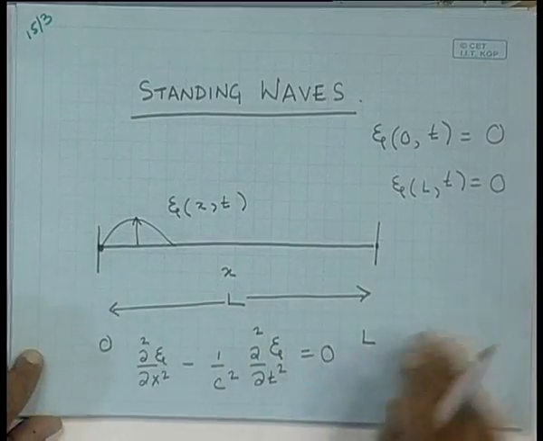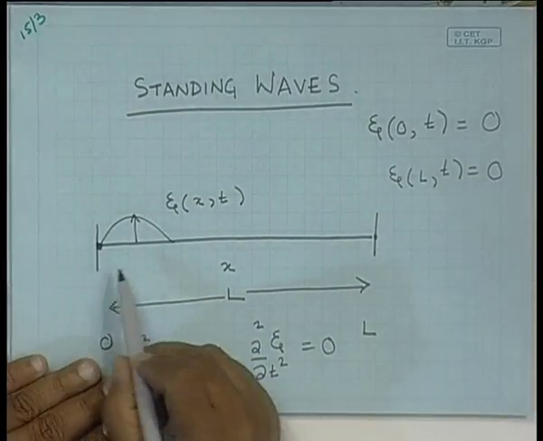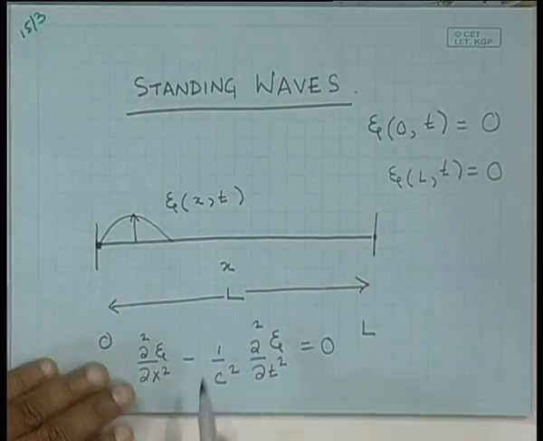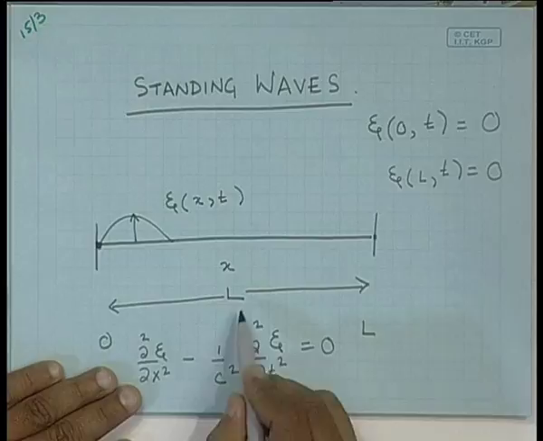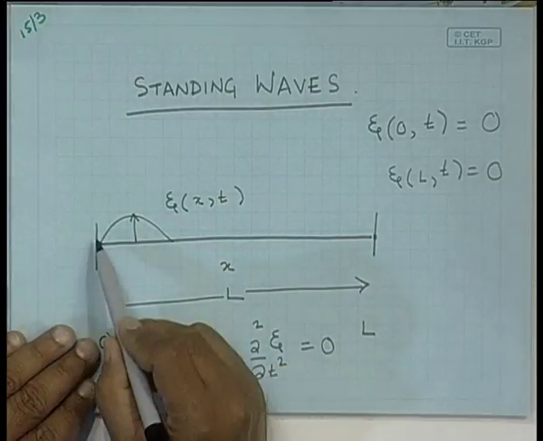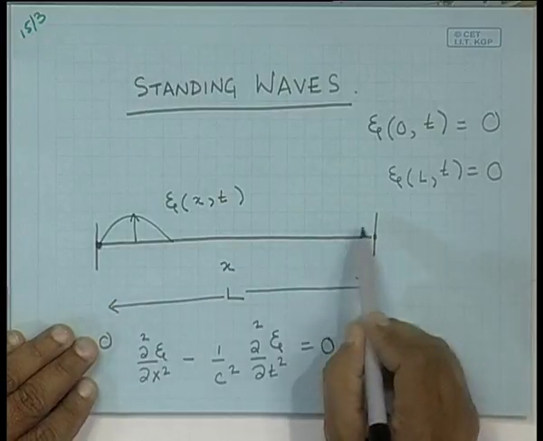We were discussing a situation where there is a stretched string, the length of the string is L and we use the variable x to denote the distance along the length of the string.